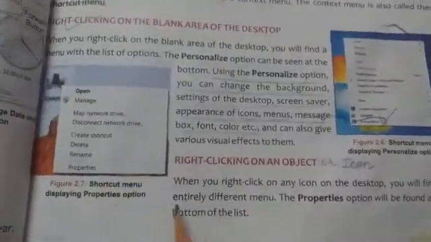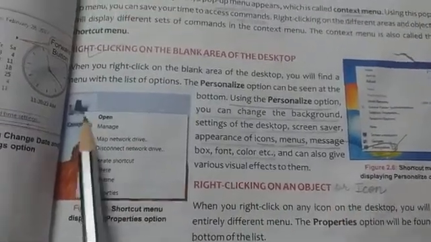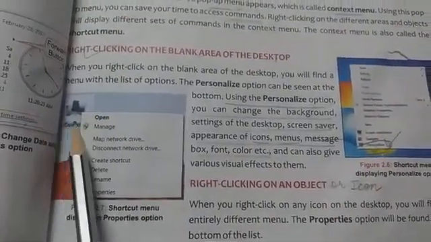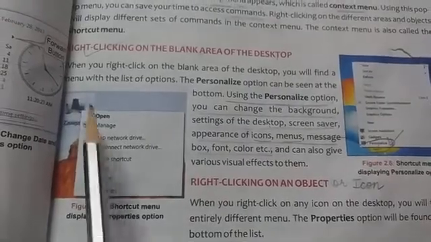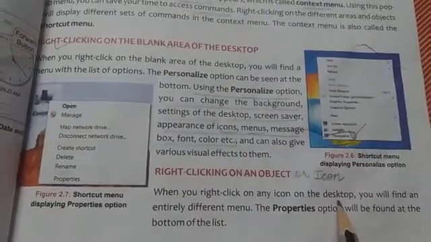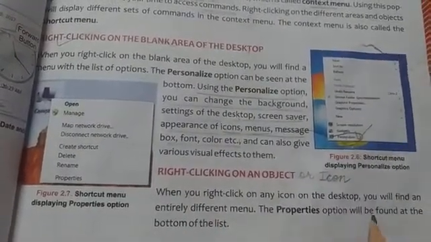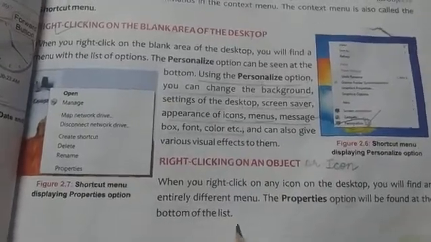At the very last we have right clicking on an object or icon. If we right click on any icon on the desktop, what will happen? You will find an entirely different menu. The properties option will be found at the bottom of the list.